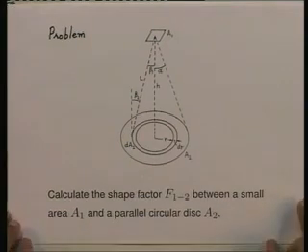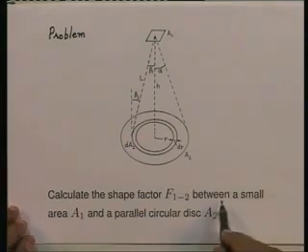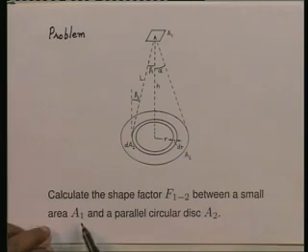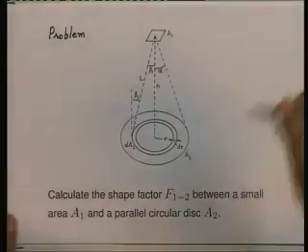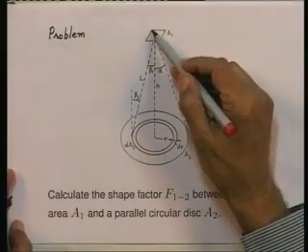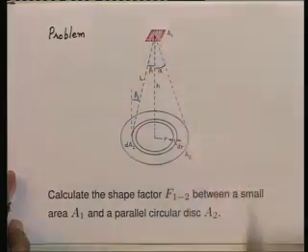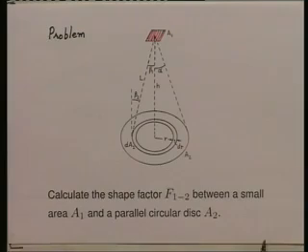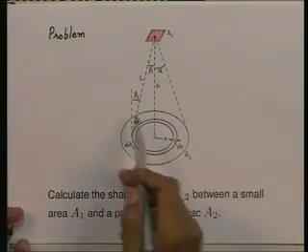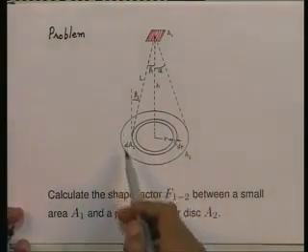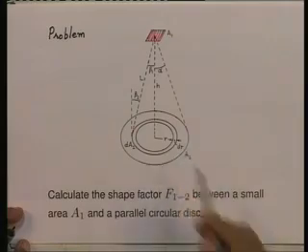Calculate the shape factor F1 to 2 between a small area A1 and a parallel circular disc A2. Here is the small area A1, let me just shade it in red. It is a small area, differential area A1, and parallel to it a circular disc A2 is like this.